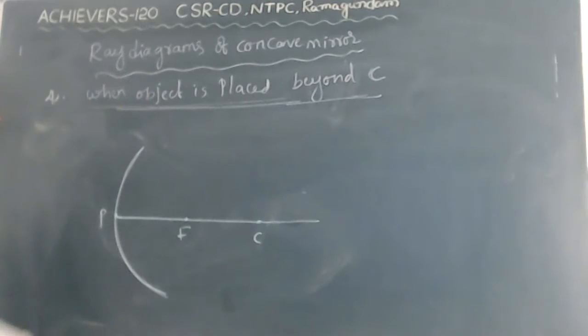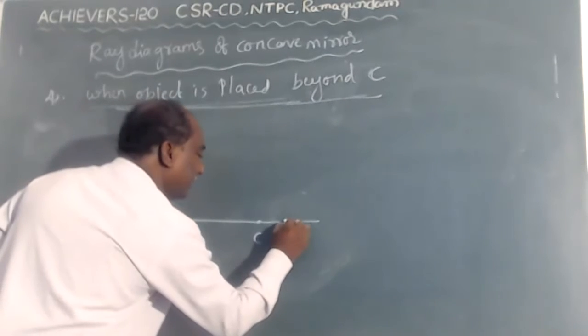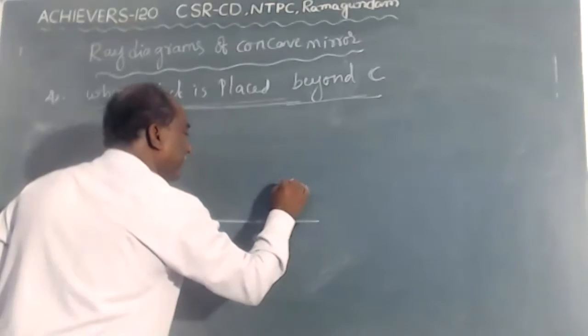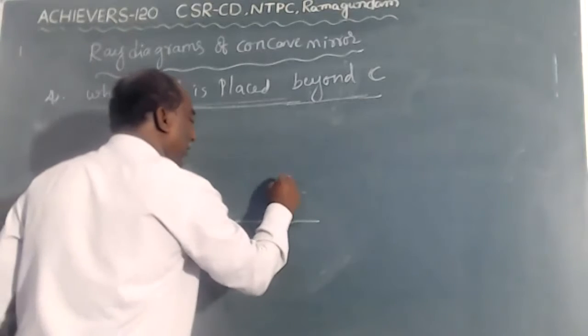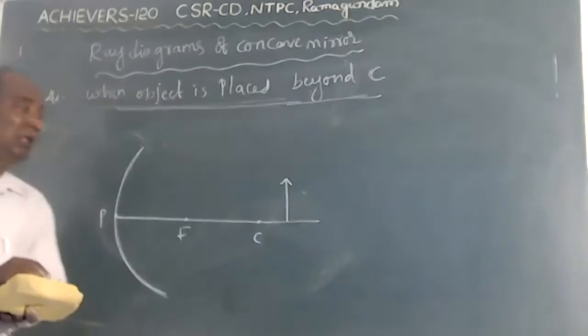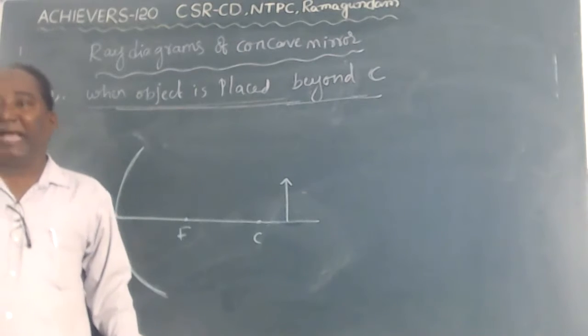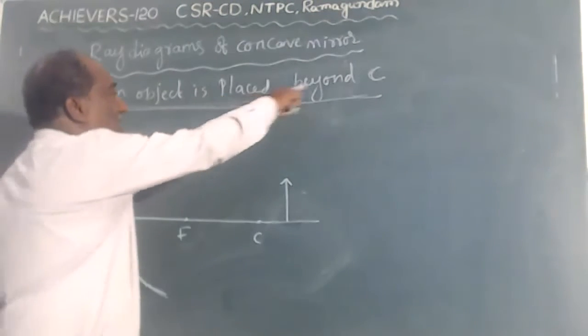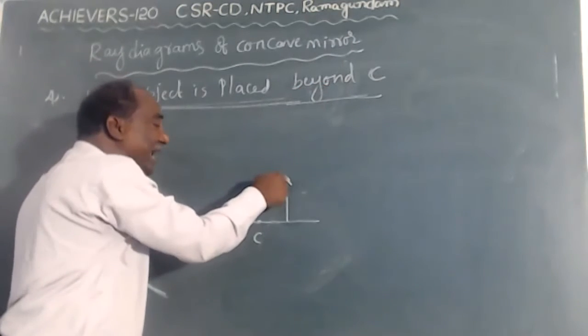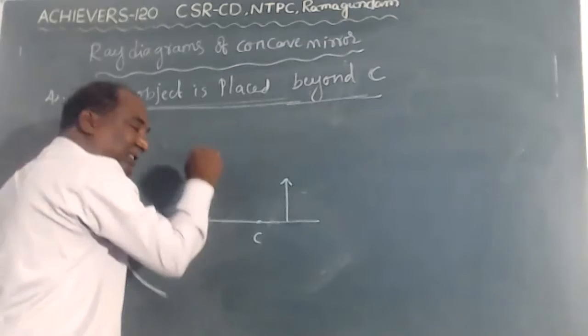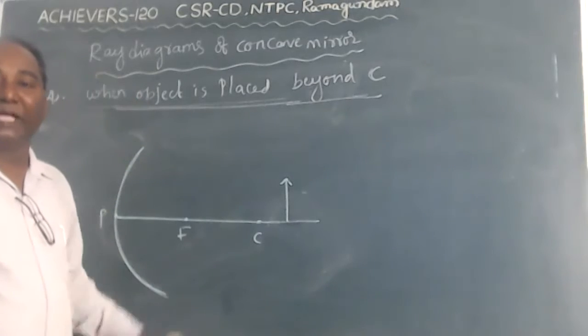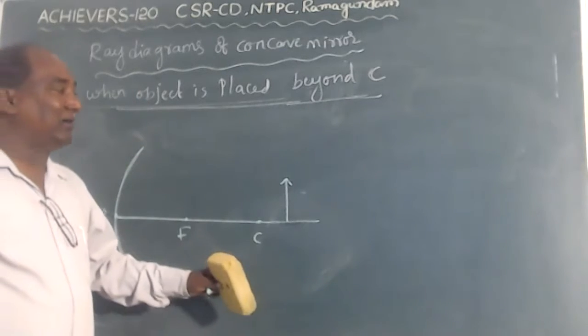Beyond C means it is beyond C. And I already told you, first we should know the characteristics. When the object is placed beyond C, the image forms between F and C. The image forms between F and C.